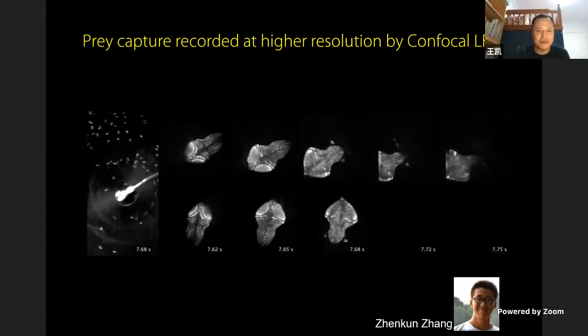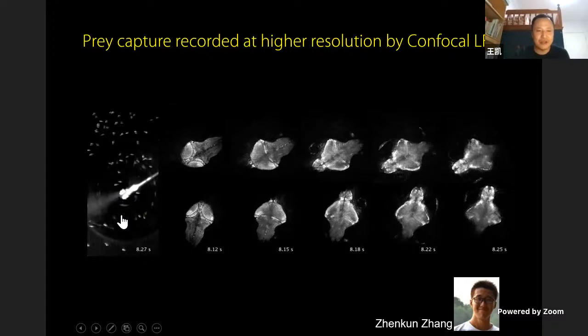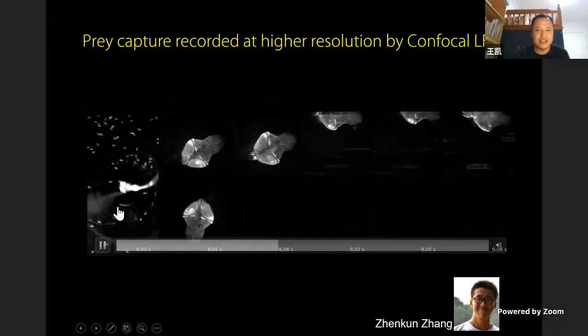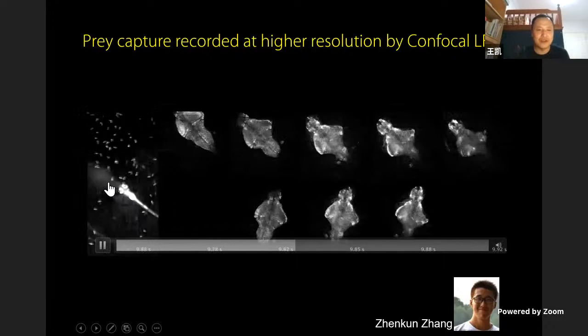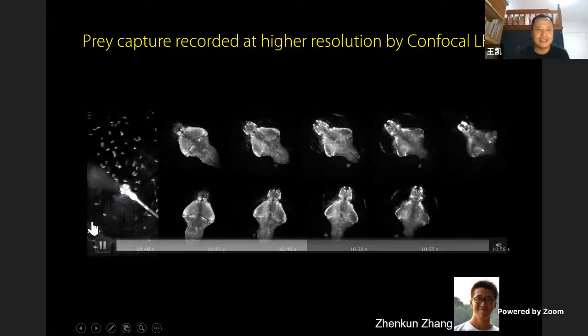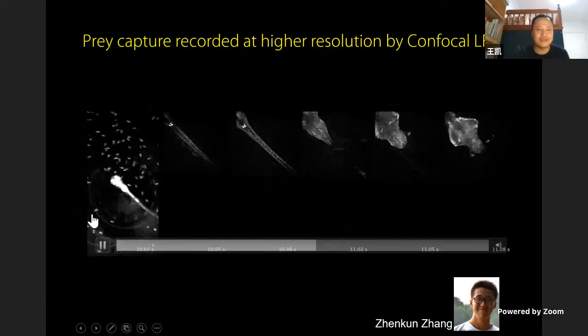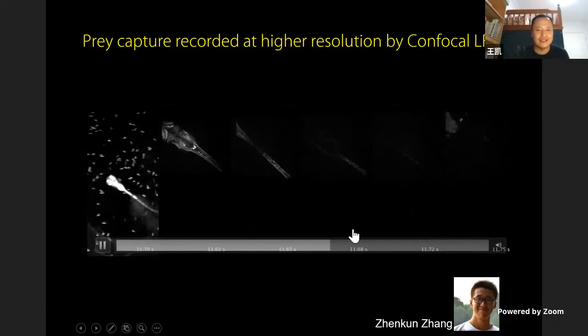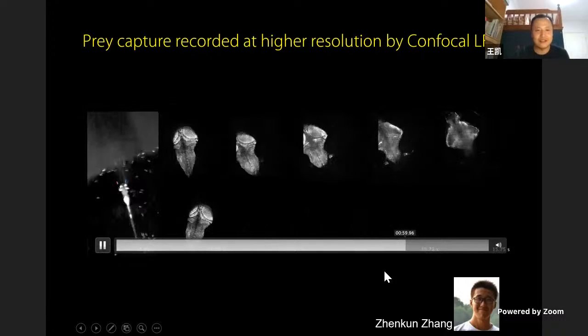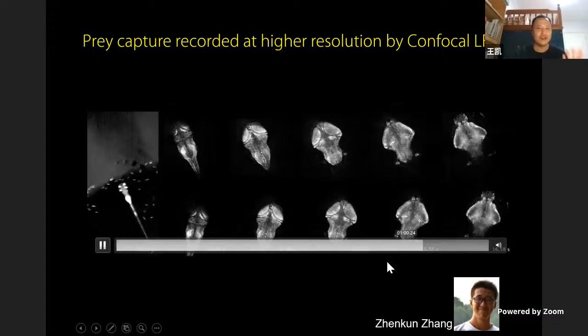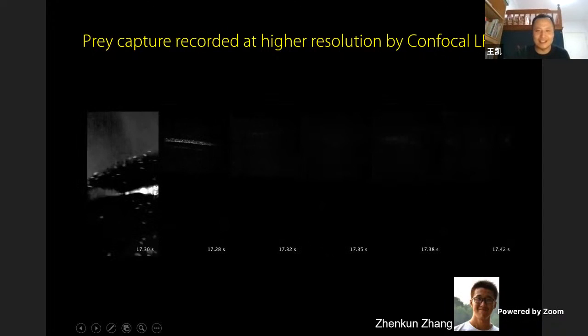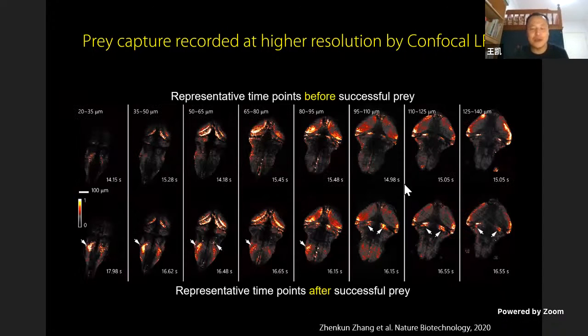At the end of the movie, you can see that the zebrafish successfully captured a paramecium. Okay, let's play it faster. Trust me. And then we can analyze the data, and it has much improved resolution.